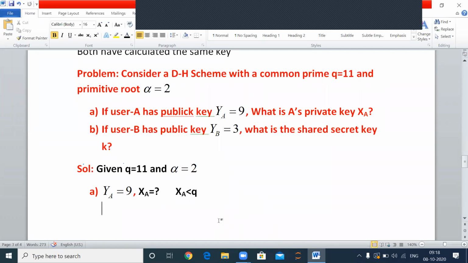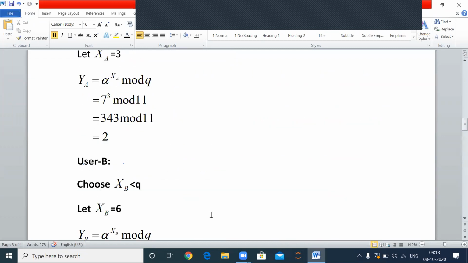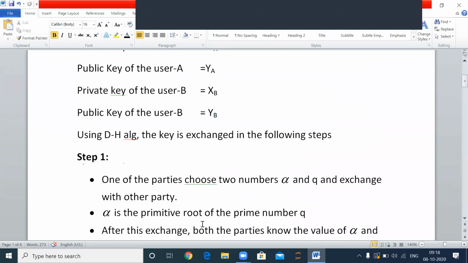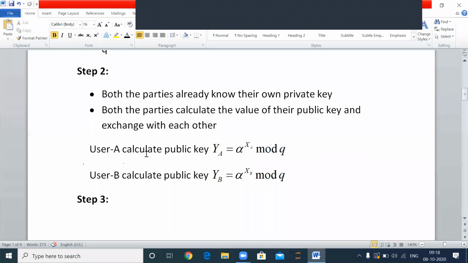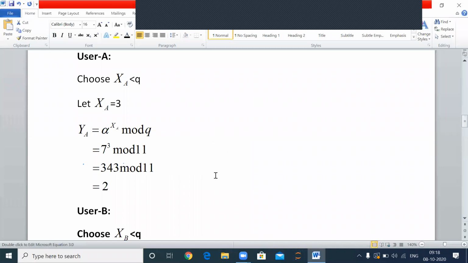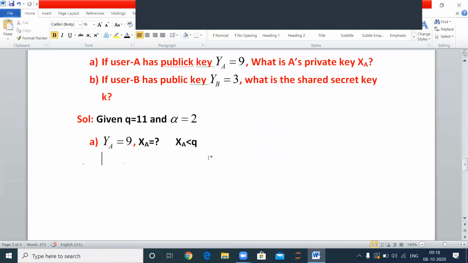But what formula do we have to know? User A can calculate the public key using this formula, right?